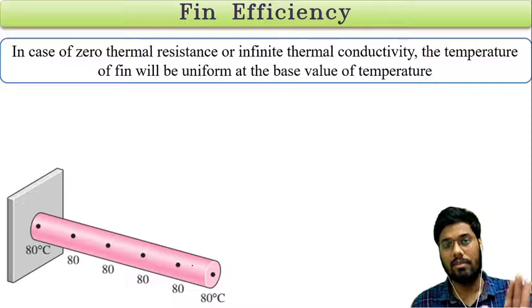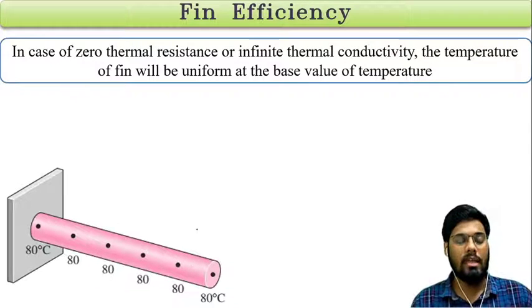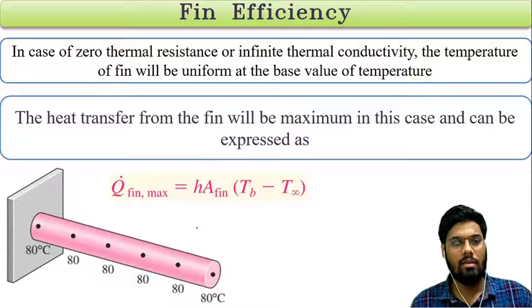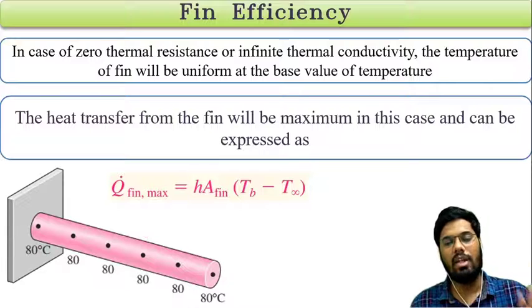degrees Celsius. This is an ideal case, and in this case the maximum heat transfer rate is possible, because at every point the temperature difference between the system and surrounding will be the same.